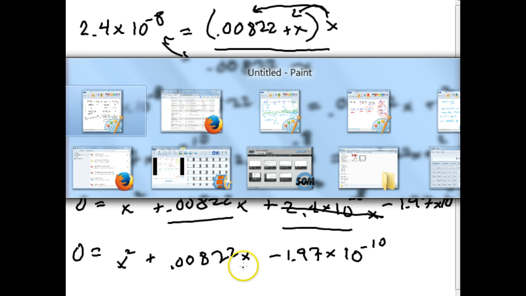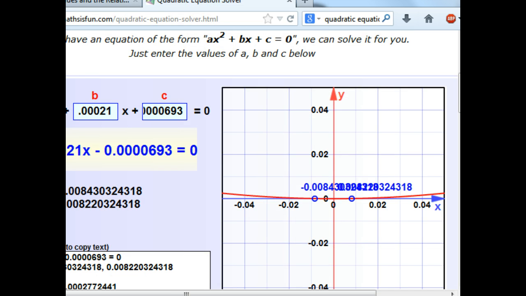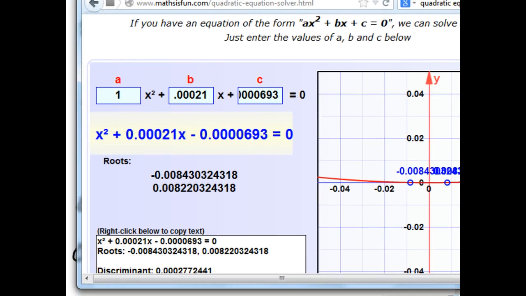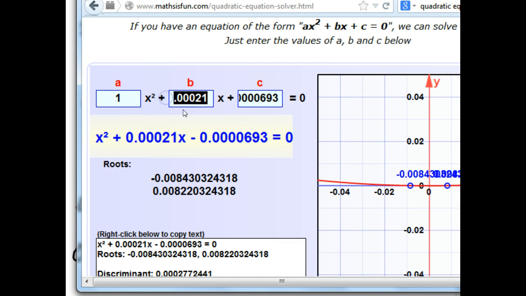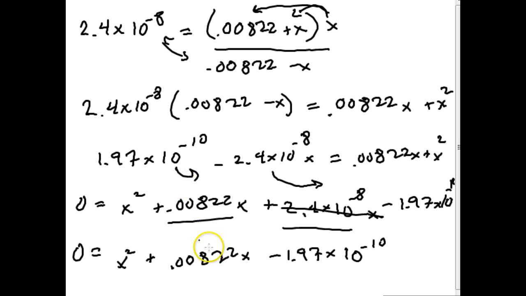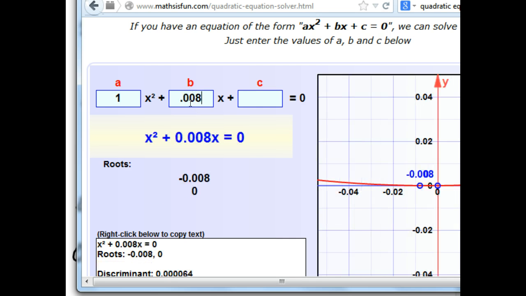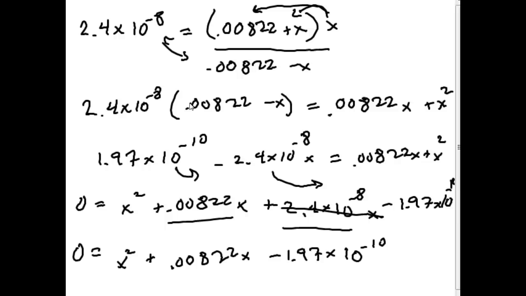I go to my equation solver. Okay, here I have the b, it's 0.00822. And the c, where is the c? Here's the c.